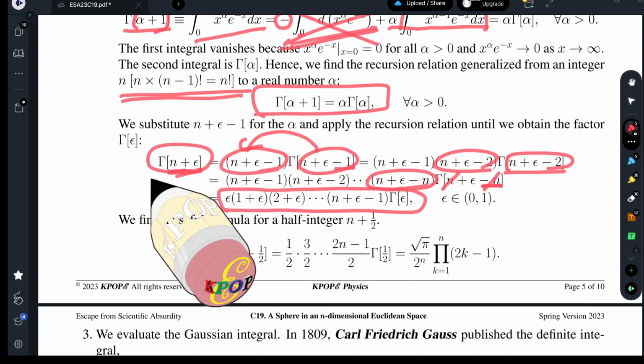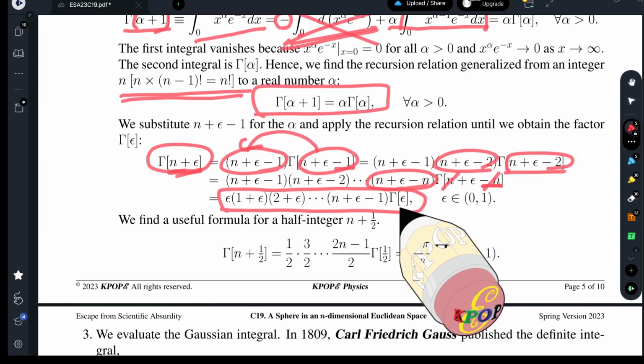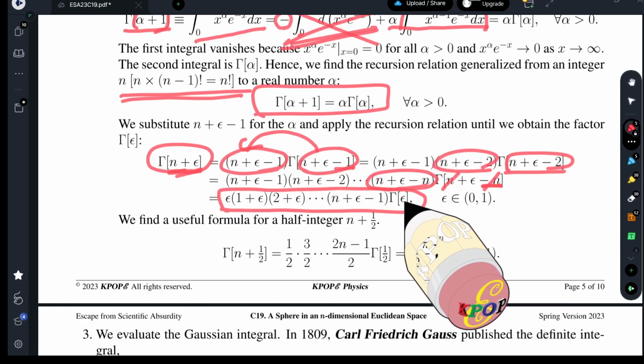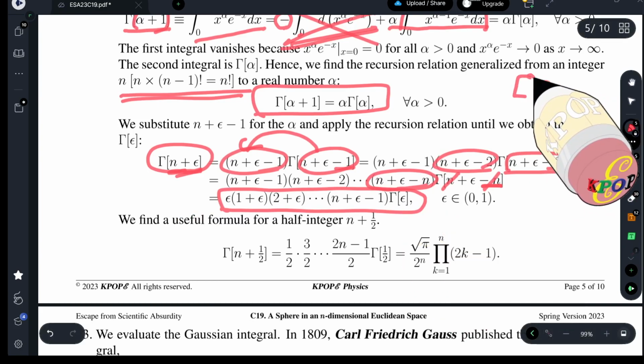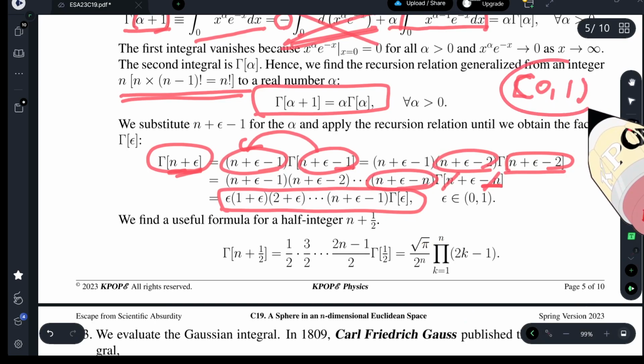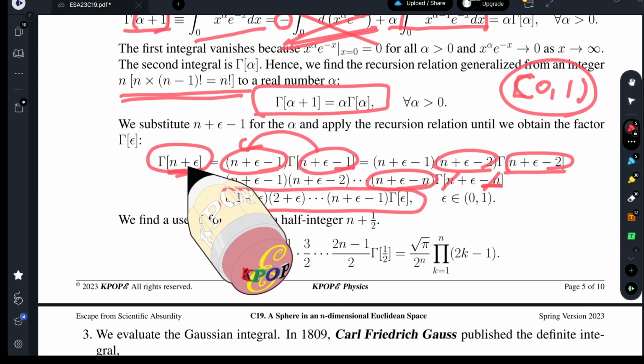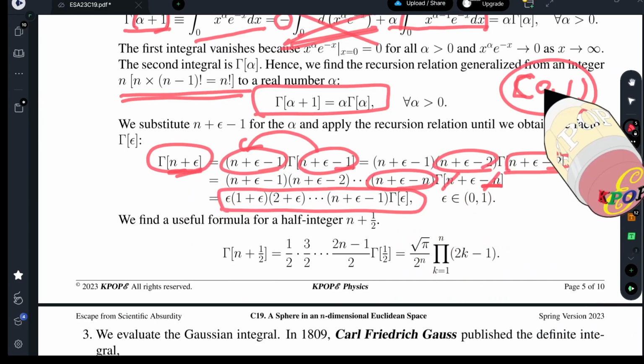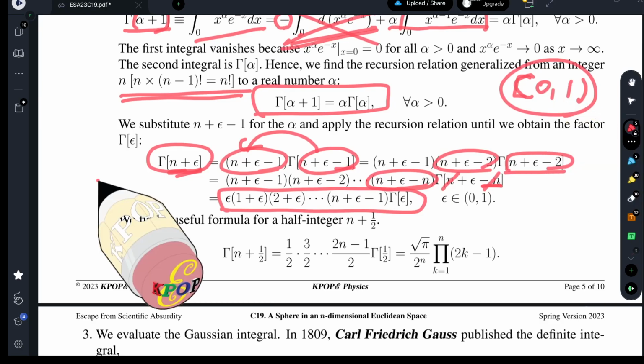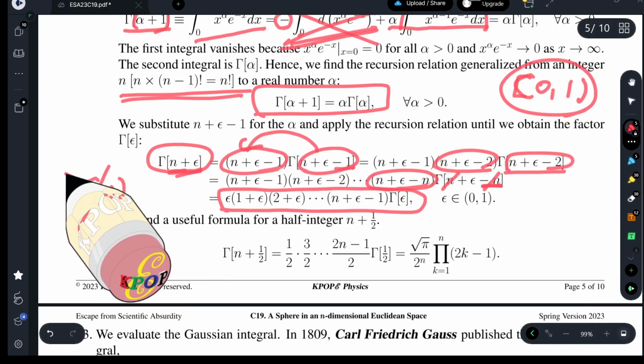So once you know the value of the gamma function evaluated somewhere between 0 and 1, you can find any kind of gamma function, except at exactly 0, where it is not defined.